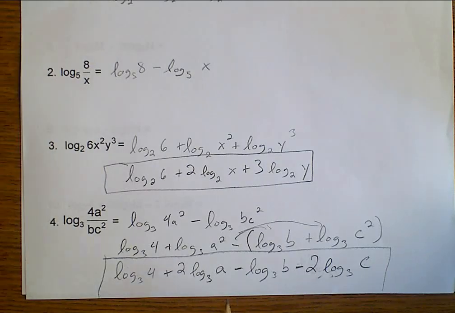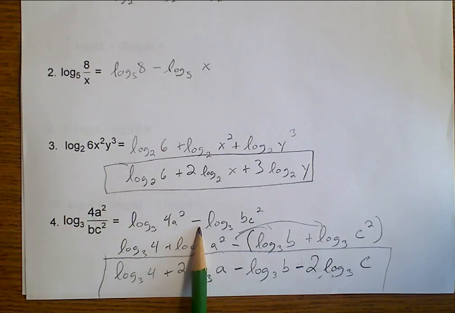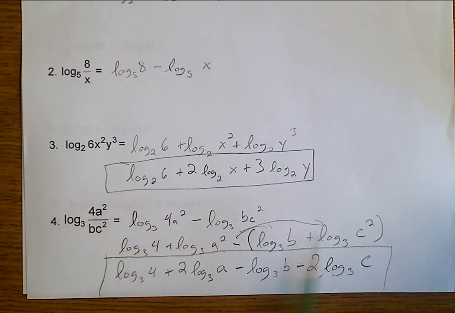So it gets pretty long. First, I did my division, made that subtract. Then I expanded the multiplication, got add. Then I used the third rule and expanded and moved the exponents to the front, as well as distributing this negative sign.